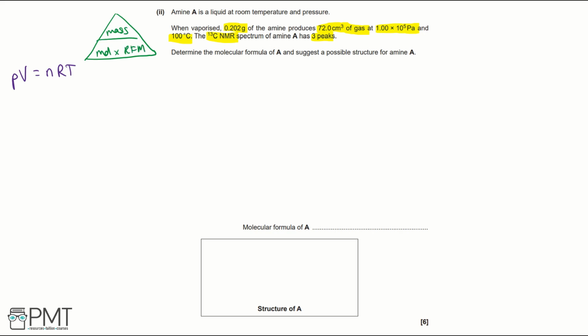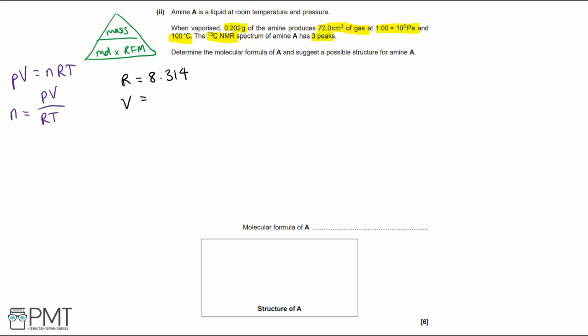So firstly, rearranging for moles from the ideal gas equation, that's n is equal to PV over RT. And then we can use a list method to work out what information we have and which we need to work out. So R is the ideal gas constant, and that's 8.314, and that's in your data booklet.